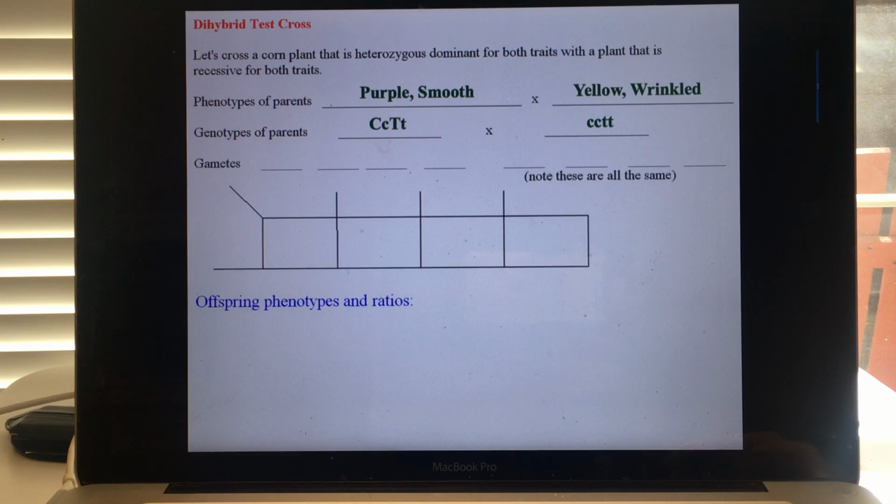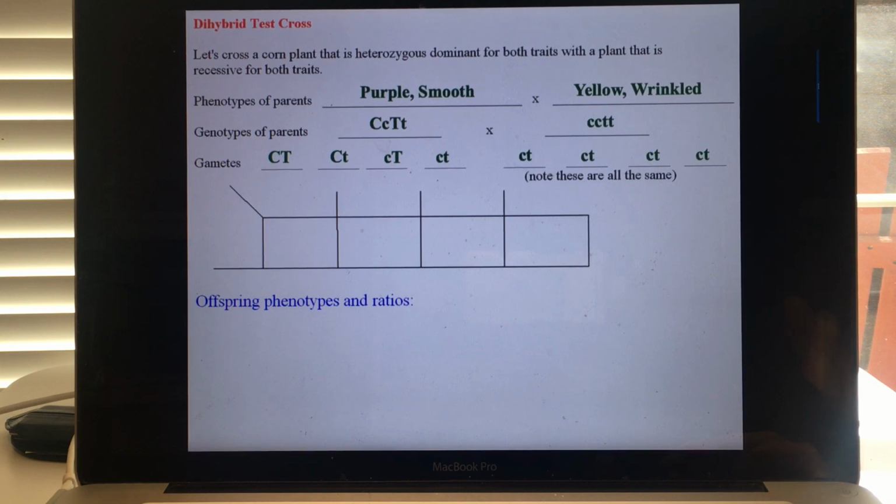The yellow and wrinkled would be little c, little c, little t, little t. Now when you do the possible combinations of gametes, you just use our old FOIL method, first, outside, inside, last, and you get big C big T, big C little t, little c big T, and little c little t. Now, for these, they're all little c, little t.